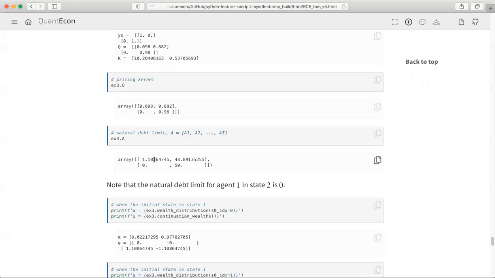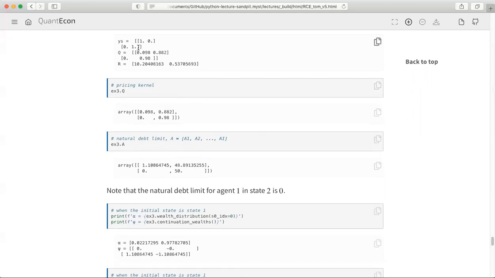In state 0, look at this. In state 0, the first person who starts off with endowment can borrow this amount. In the second state, he or she can't borrow anything.